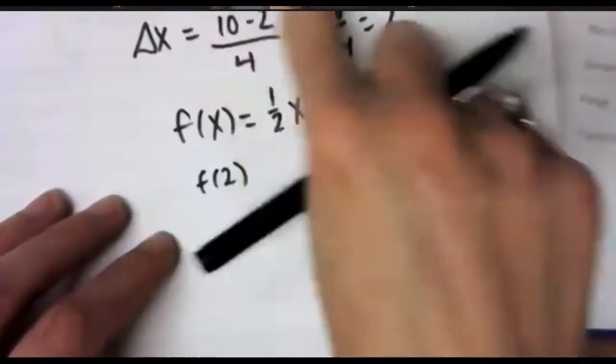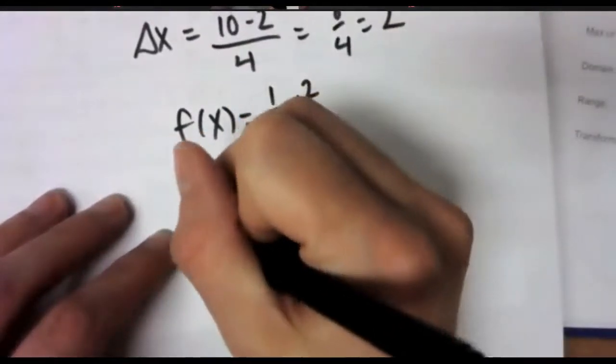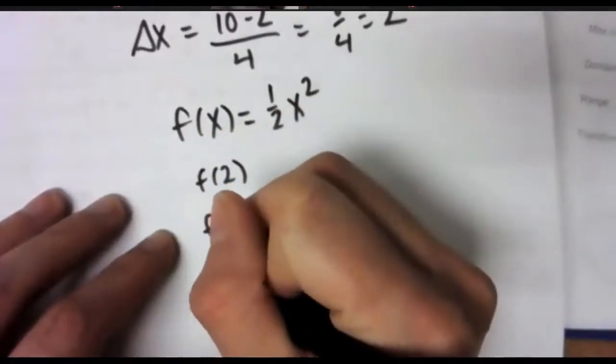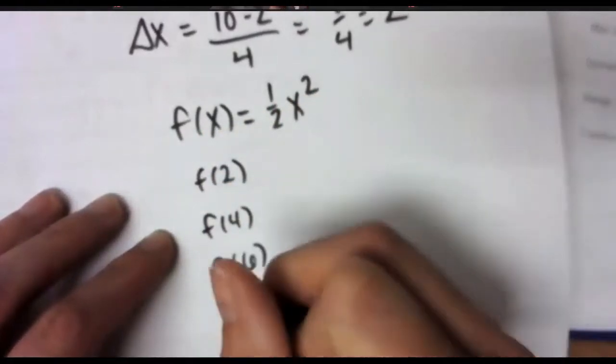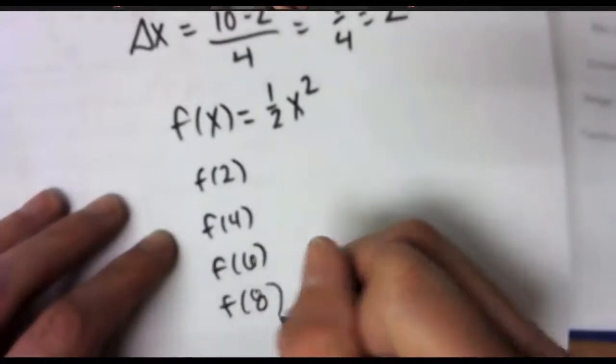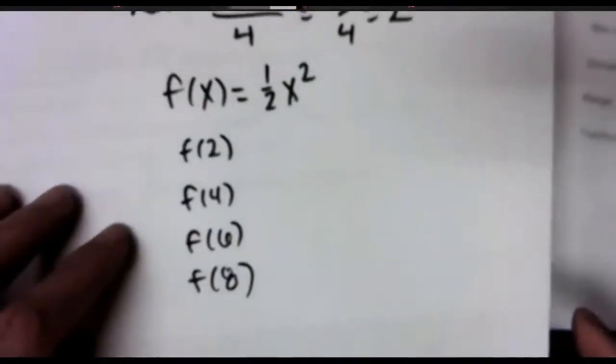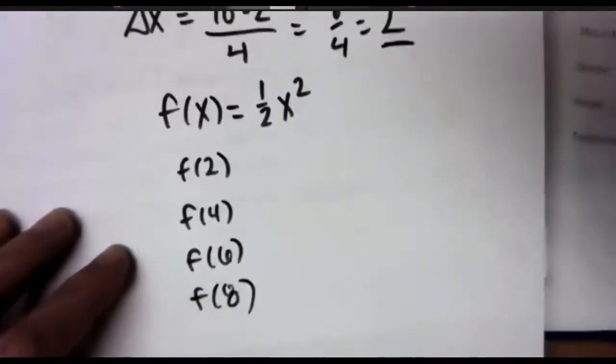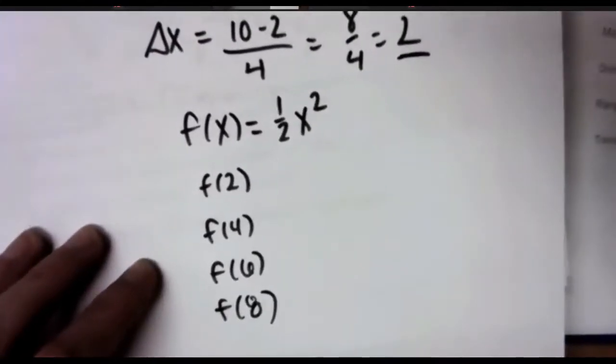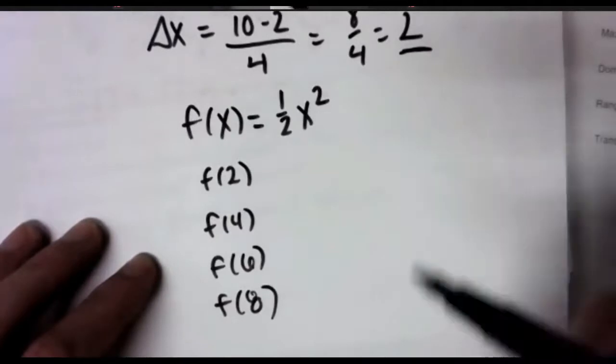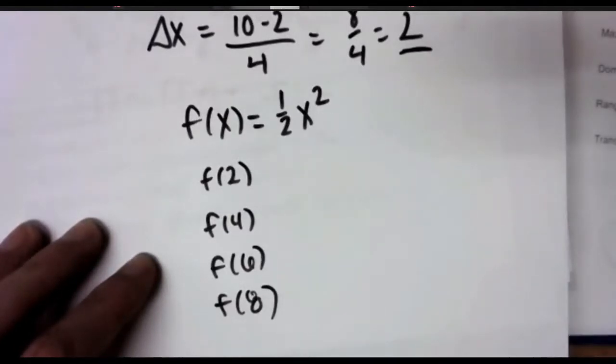I have to go 2 spaces further, so I need f of 4. 2 spaces further, f of 6, and 2 spaces further, f of 8. Because the rectangles are width 2, on my function I need to find the value of that function every 2 spaces. And since it's a left sum, I start on the left side of the rectangles.